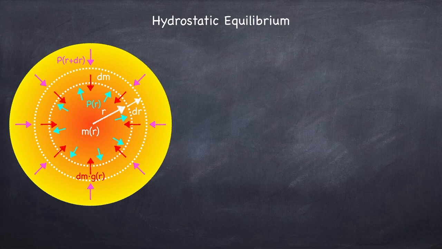So the sum of all the forces will be the inside pressure times the surface area of the shell, minus the outside pressure times the surface area, and minus the gravitational force. These minus signs account for the fact that these two forces point inwards, while this one points outwards. And the sum of all the forces has to be 0.